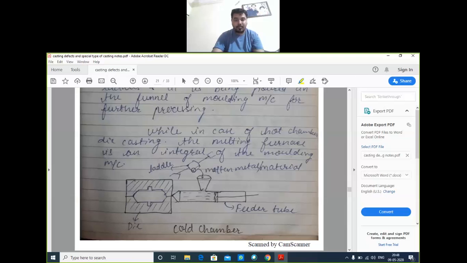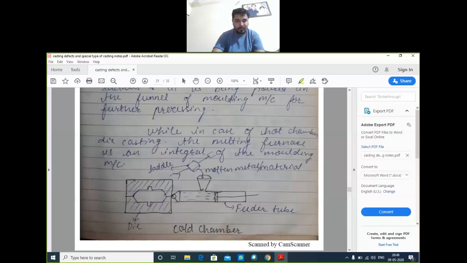We heat the metal in a separate furnace. After that, with the help of the ladle, we put the molten metal into the feeder. This is a piston. With the help of the piston, we push the molten metal, and this is the nozzle.